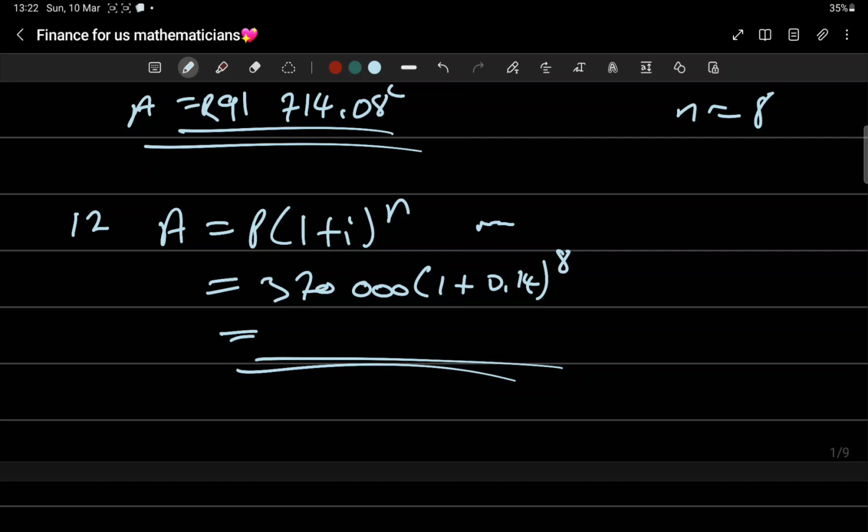Oh, is it a million? This machine will be expensive. 1,055,456.98.